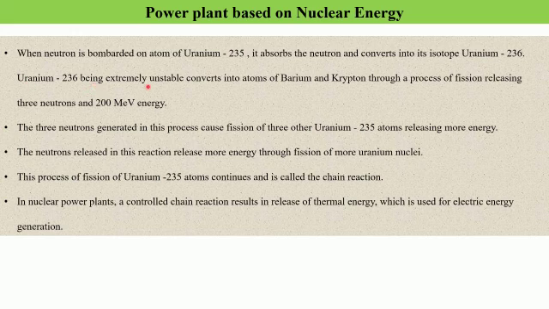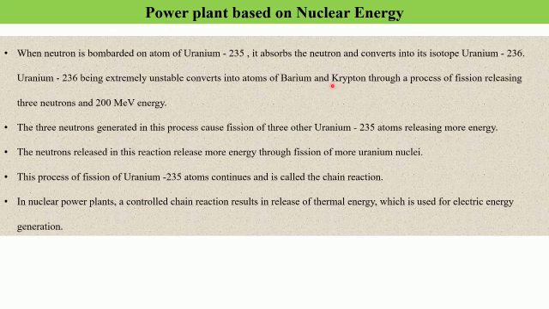Uranium-236, being extremely unstable, converts into atoms of barium and krypton through a process of fission, releasing 3 neutrons and 200 million electron volt energy. So if one neutron is bombarded on one uranium-235, it gets converted into uranium-236, but it being very unstable gets converted into barium and krypton, which are two lighter nuclei.